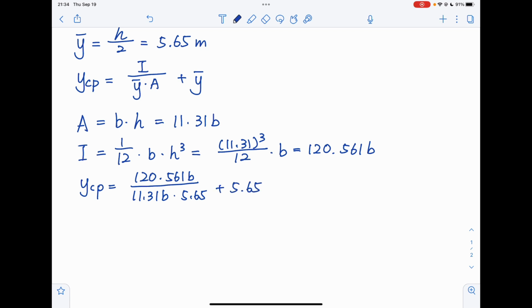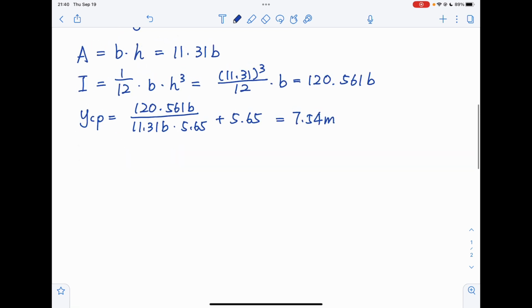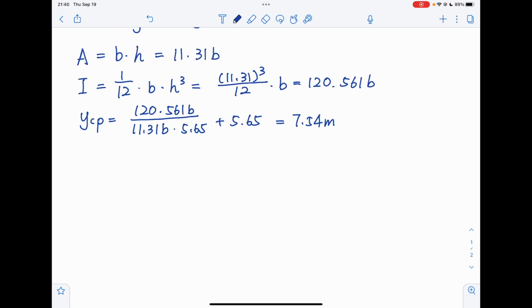So the B's will cancel out and we can find our YCP is gonna be 7.54 meters. So we have found the YCP.